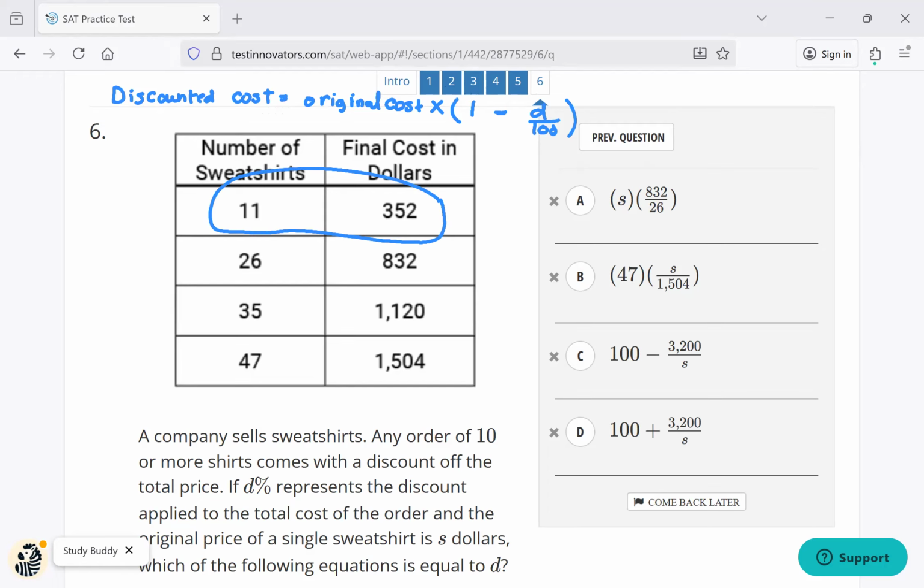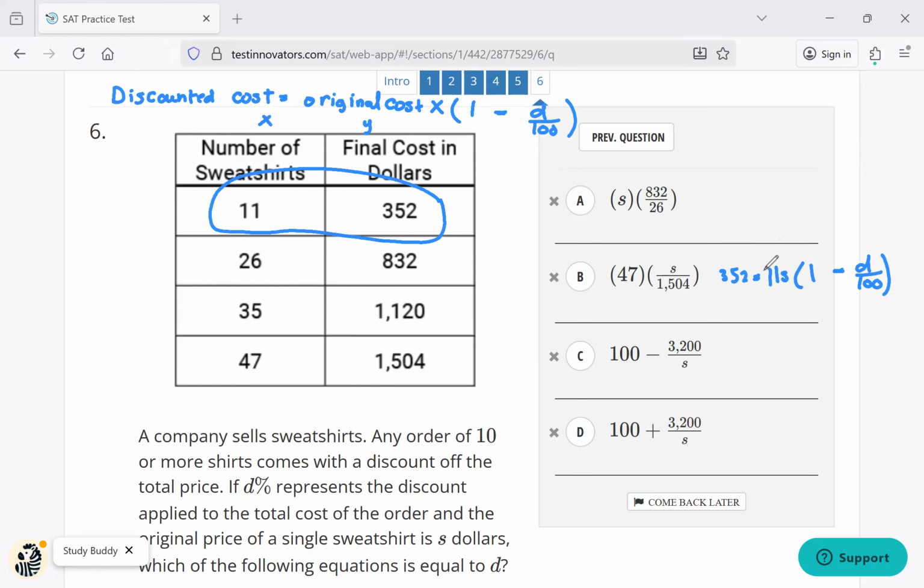So we said that the number of shirts can be your X, the final cost is your Y, right? So it's going to be 352 equals 11 sweatshirts, which is the same thing as X, so it's going to be 11S times 1 minus D over 100.